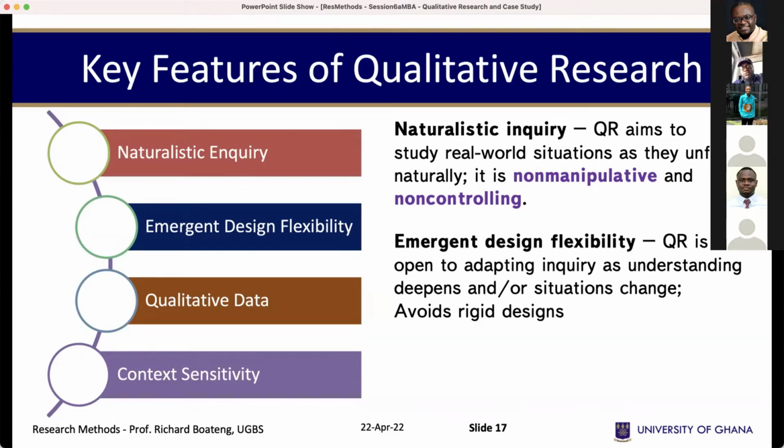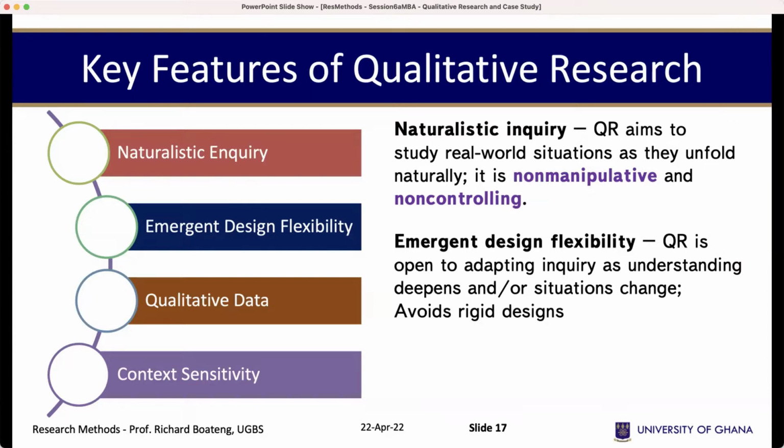Lastly, the researcher also has to carry out the research in a naturalistic environment. It's much more beneficial. That means that you are trying to get real world situations as they unfold naturally. So you want to make sure that you get the same setting when the thing occurs, and then make sure that you can do the study within that particular setting.